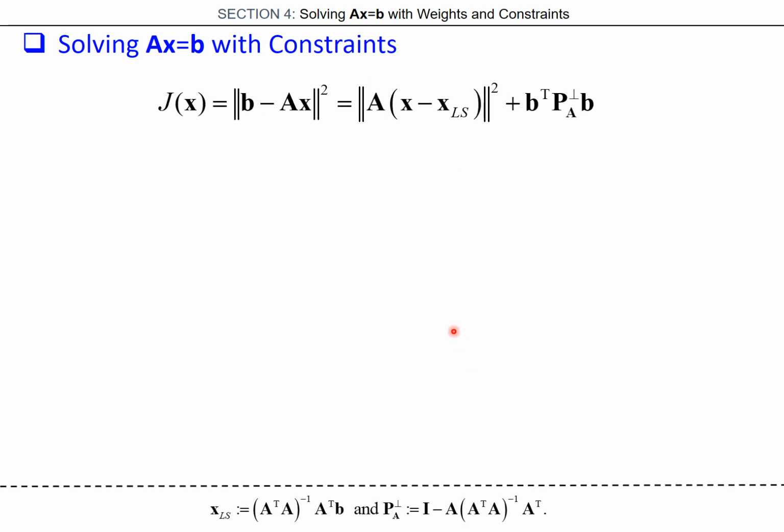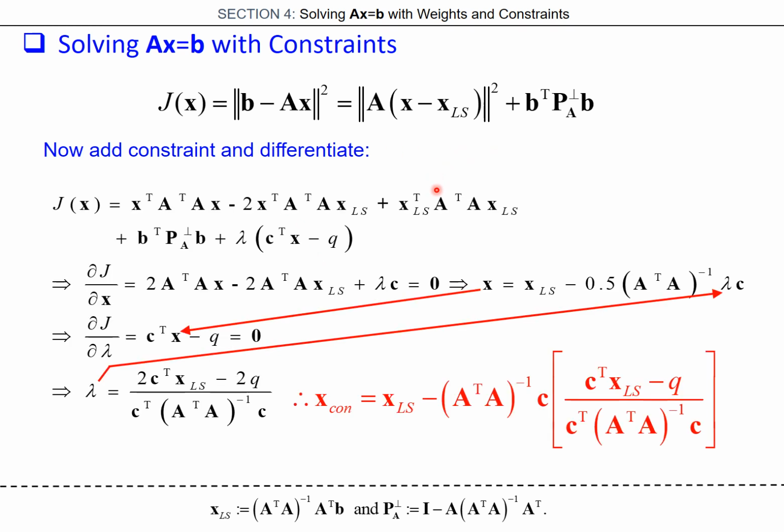And the way you do that is you rewrite J in this form. So I'm not going to prove this for you, but this is the way you can do it. And this again, PA is the projection matrix, and this is the projection onto a space orthogonal to the column vectors of A. It's defined down here. So all you do is you add the constraint and you differentiate.